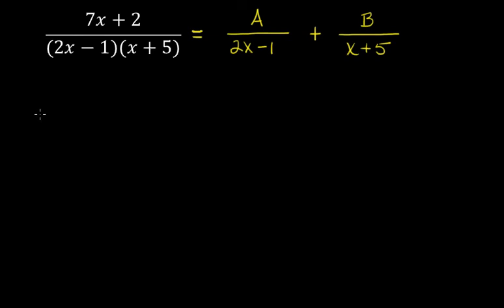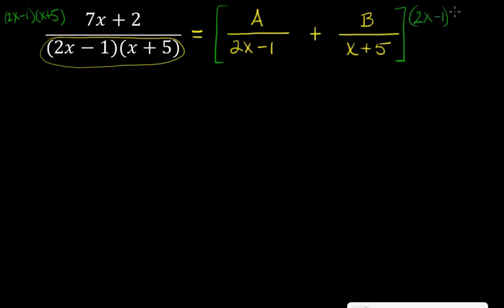The way I like to do this is first to multiply both sides by the denominator and clear the fractions. So I'm going to multiply on the left-hand side by 2x minus 1 times x plus 5, and on the other side, 2x minus 1 times x plus 5. Normally you don't write all of this. You know how to do this.